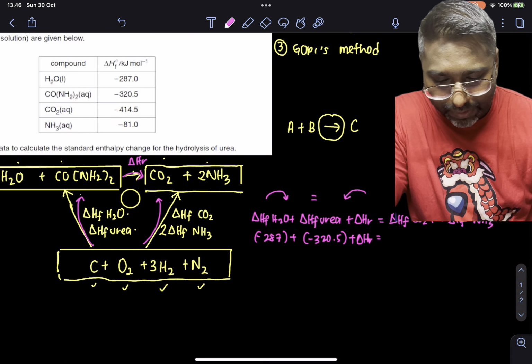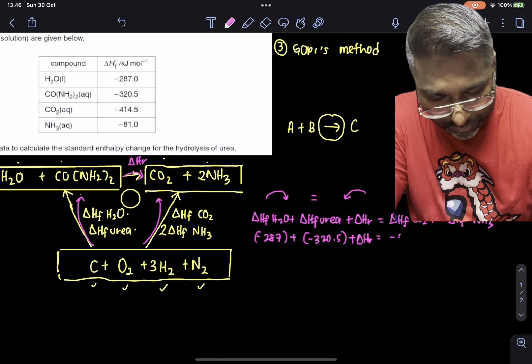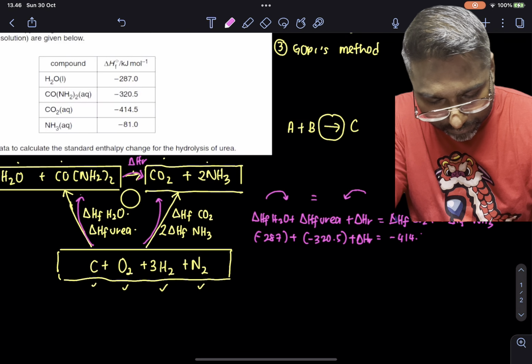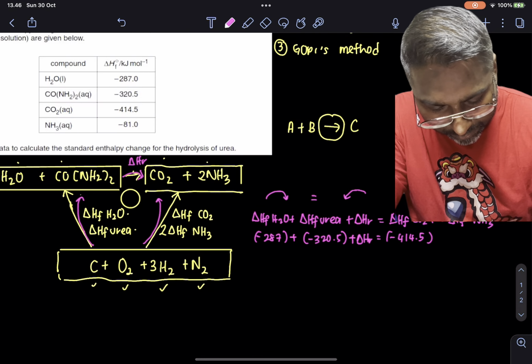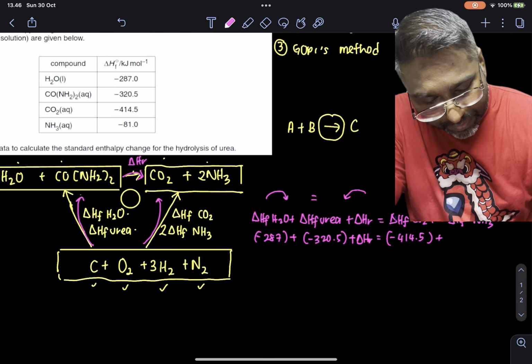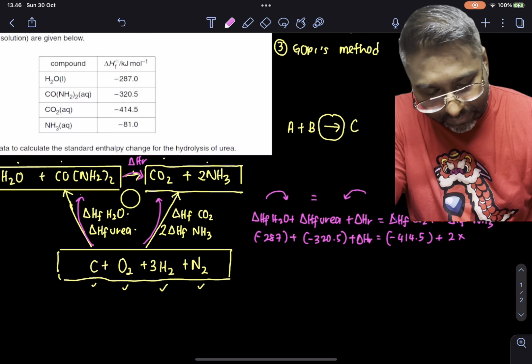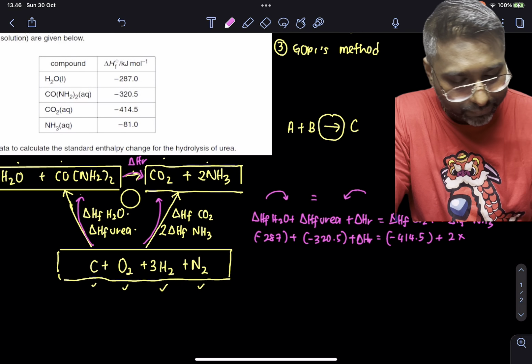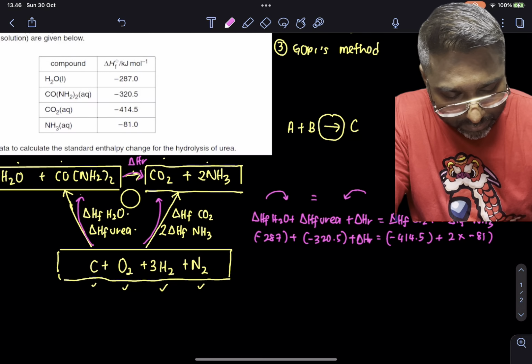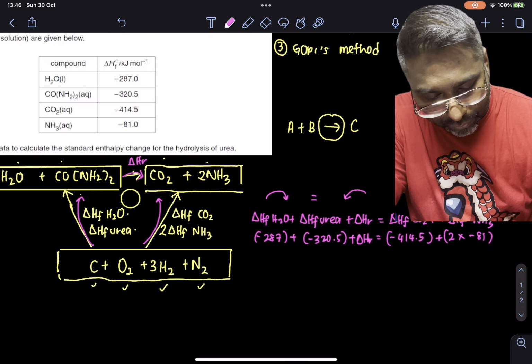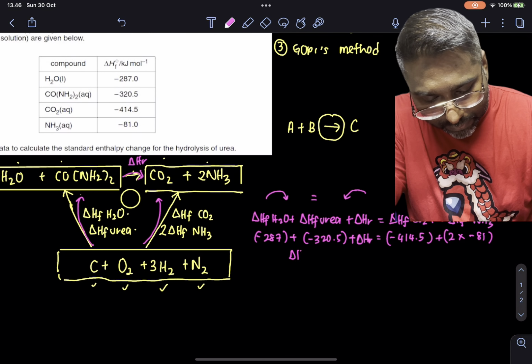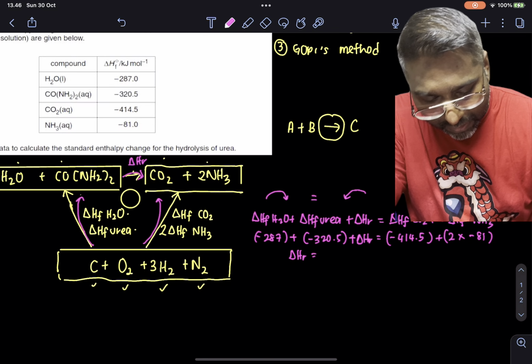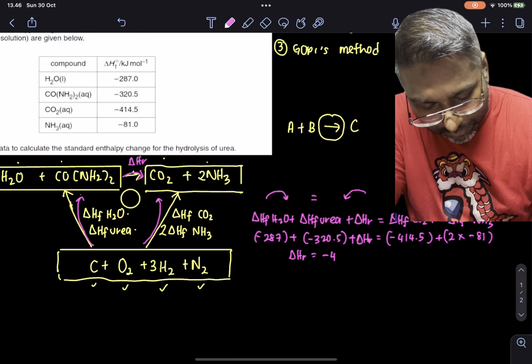The enthalpy change of formation of carbon dioxide is given as negative 414.5. And then for this one, be careful, 2 times the enthalpy change of formation of ammonia, so negative 81. So you just need to solve this and you will find the enthalpy change of reaction. So you try to solve this.